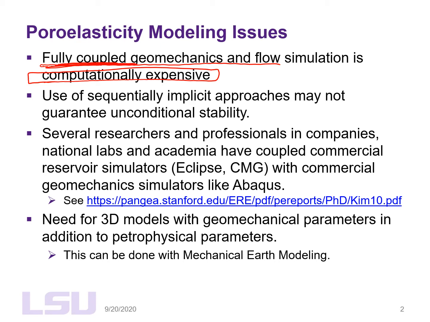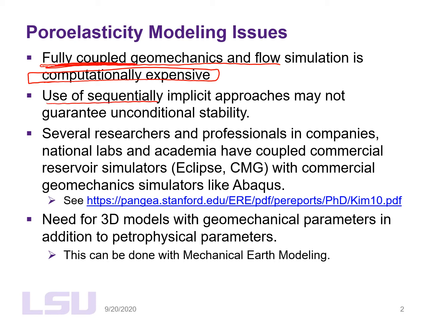So the matrix has the equation for flow, it has the equation for geomechanics all in one piece. You solve it together for both pressure and the displacements in all three directions if you're looking at a 3D simulation. So the problem grows very quickly when you have lots of gridblocks.